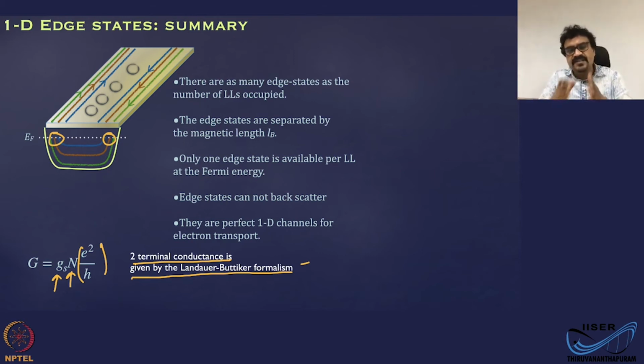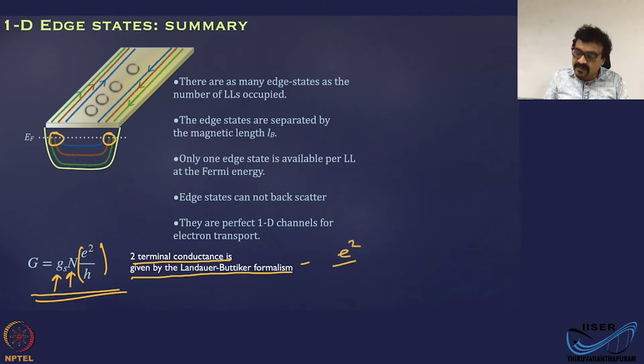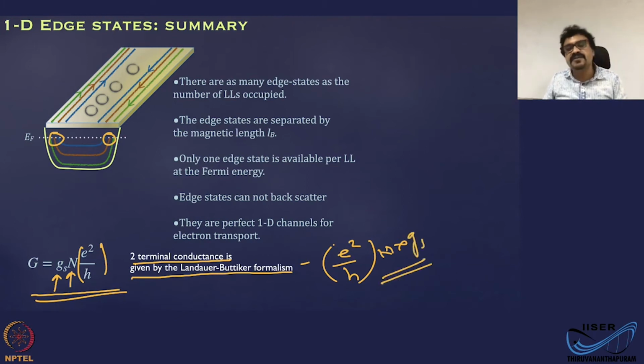So these edge states are perfect 1D channels for electron transport, and the conductance is given by this formula, where every channel contributes e squared by h. That is the quantized conductance. Then for the total conductance you multiply it by the number of channels available and any other degeneracies present in the system.